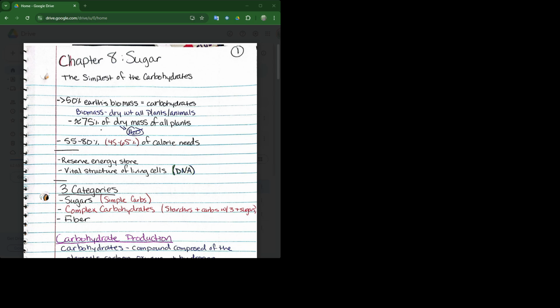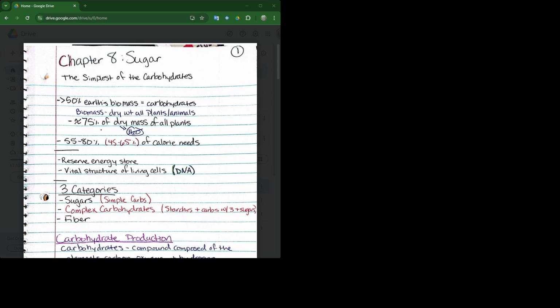So different colors. Okay, so then I also want to point out that 75% of dry mass of all plants is made up of carbohydrates. I have that as a sub point because it's very much related to that 50% of the Earth's biomass point. And just in case I didn't know what dry mass means, I'm going to think about that, like dry.